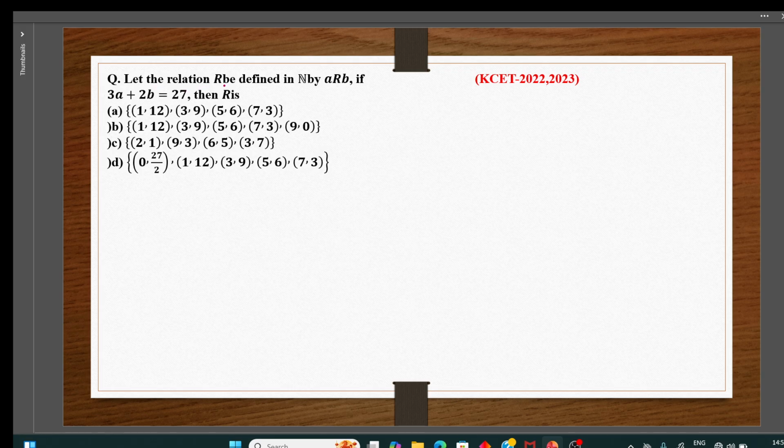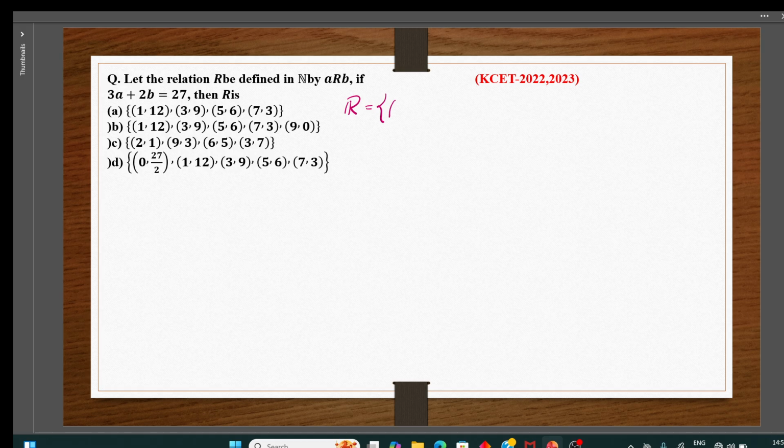Let relation R be defined in N by aRb if 3a + 2b, here means it is a condition, a, b belongs to natural numbers, 3a + 2b = 27. Then what is the relation here?